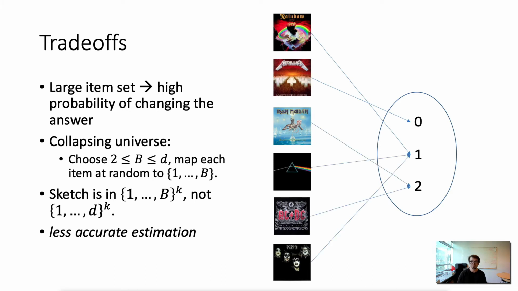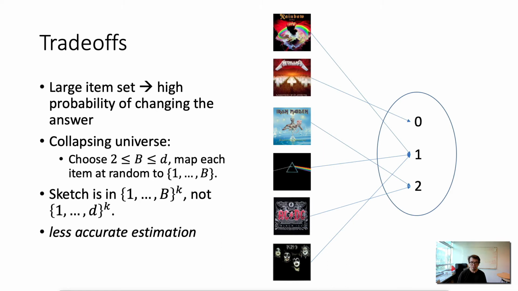Everybody knows this mapping. The nice thing now is that each element of the sketch is only a number between 0 and 2. There are only 3 different values, so it's pretty easy to hide, and we don't have to choose among such a large collection of elements.